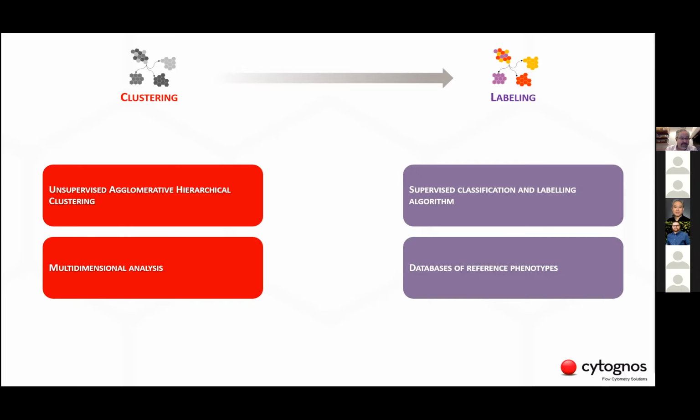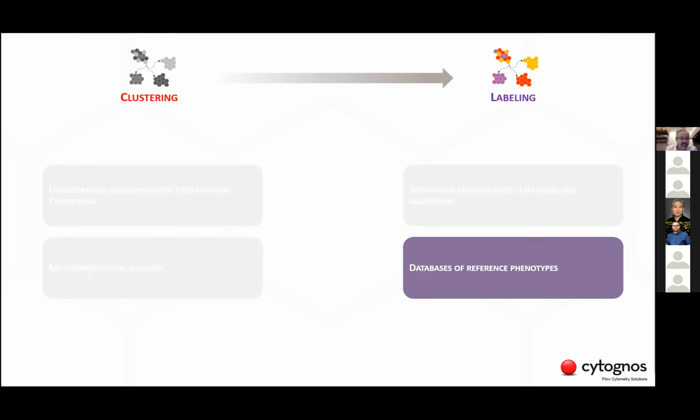What do we understand by reference databases or analysis databases? So basically, they are collections of samples that were processed with a standard protocol with a fixed panel of reagents, well titrated, and that are somehow representative of a given sample type.